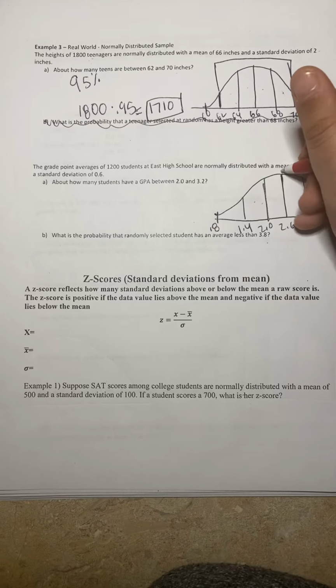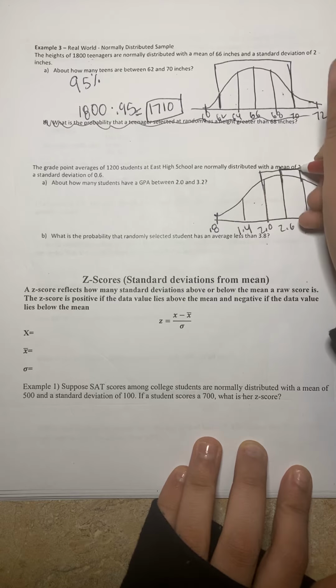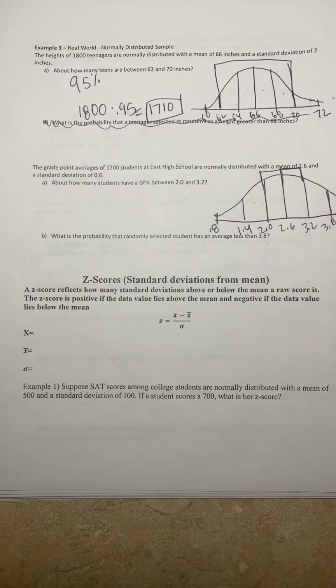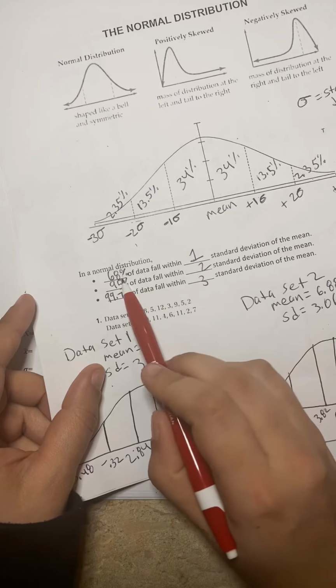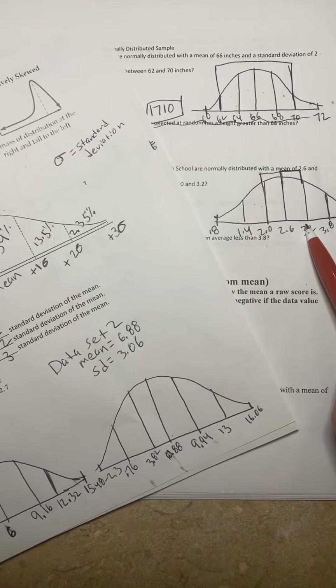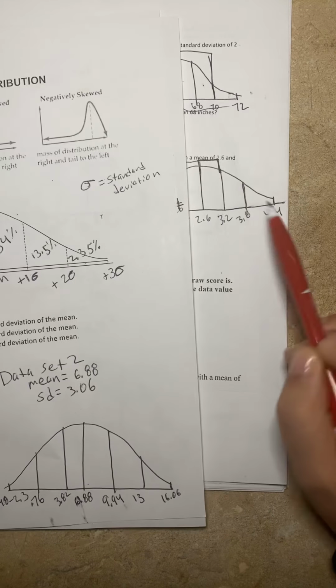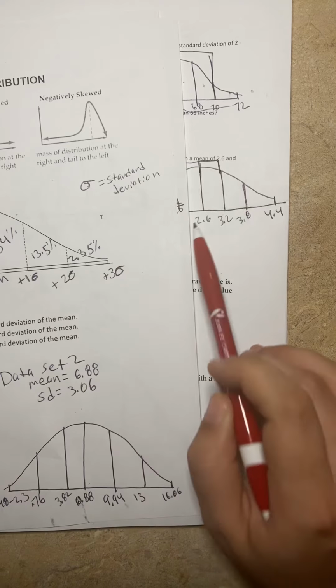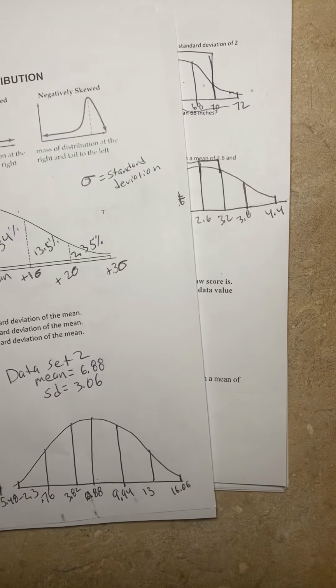So if you take your mean, that's going out 1 standard deviation this way and out 1 standard deviation that way. So it's going out one standard deviation in both directions. And again, if you go back here, one standard deviation, that's 68% of your data, okay? Now, say, for example, the question asked for like 3.2 to 4.4. What you would do is you would take these two percentages, this standard deviation and this one, take those percentages and add those two up.